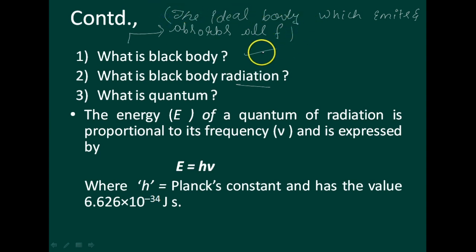The radiation which is emitted by the black body is called black body radiation. Planck gave the name quantum to the smallest quantity of energy that can be emitted or absorbed in the form of electromagnetic radiation.